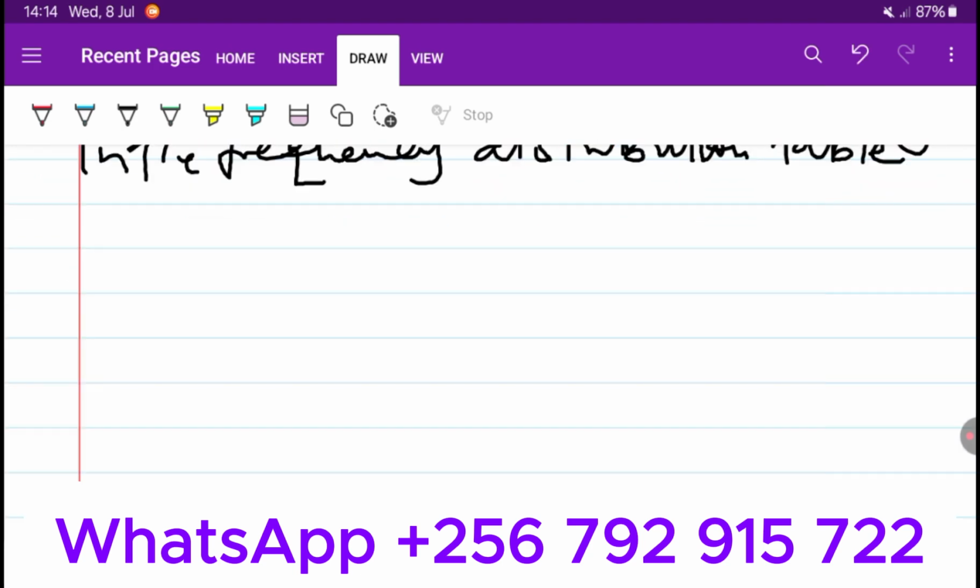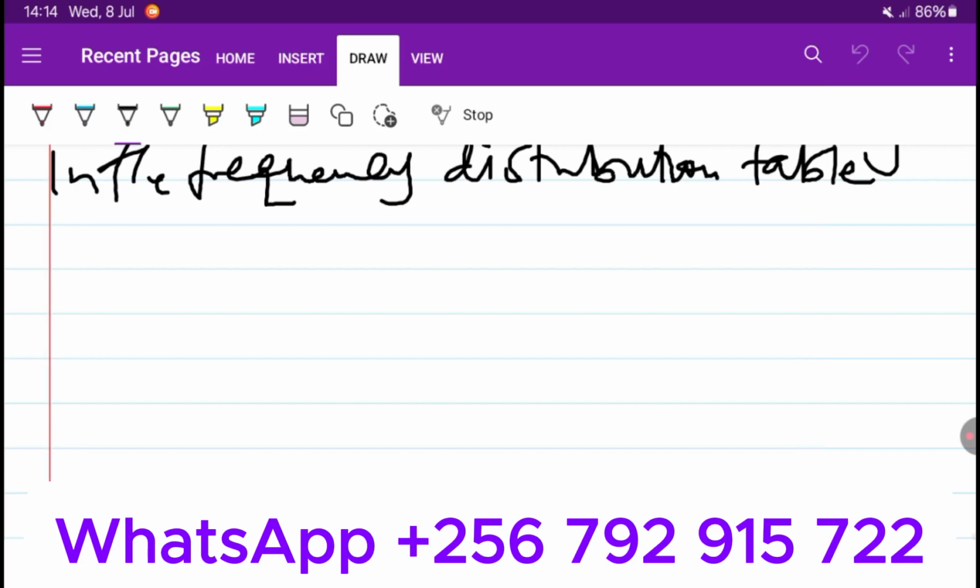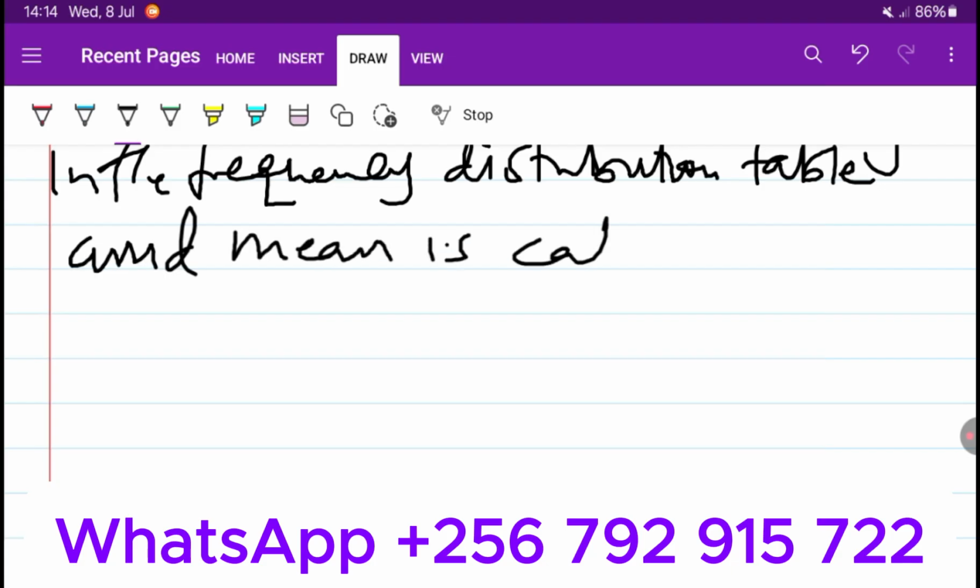So we've said that the values are first arranged in the frequency distribution tables, and then mean is calculated.